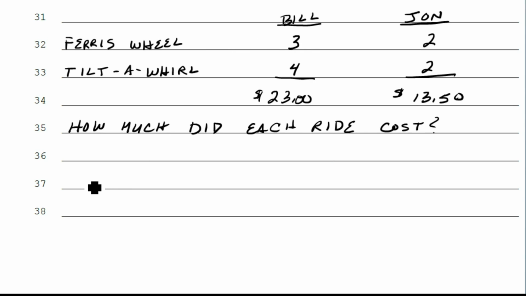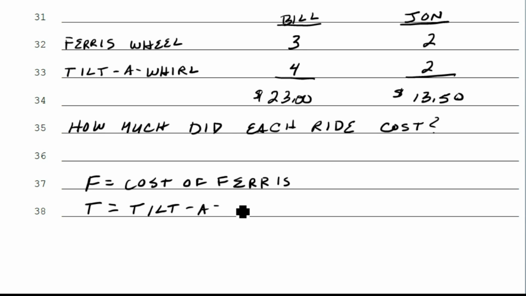Let F equal the Ferris wheel cost, and T be the cost of the tilt-a-whirl.